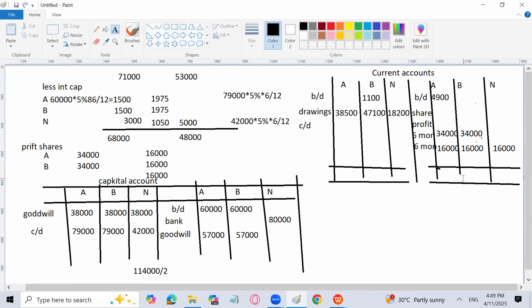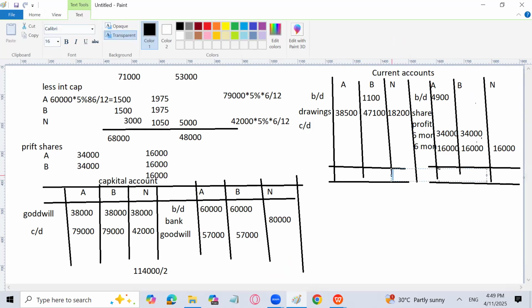So I think that in the current account of Nigel the debit side is heavier, right? So Nigel's current account carried down is going to be how much? That is 1800, and that is negative. So brought down will come over here for Nigel, that is 1800. Now we talk about Alina.